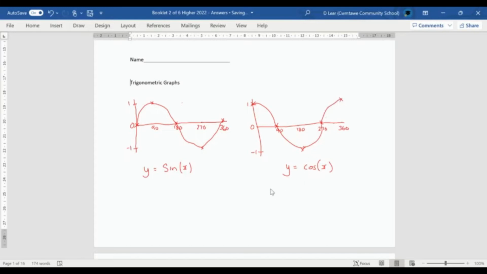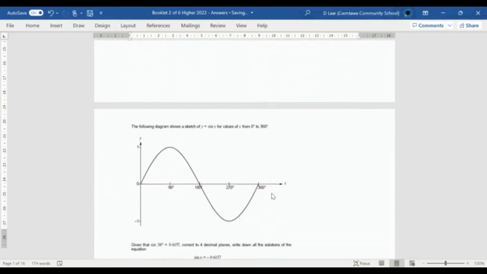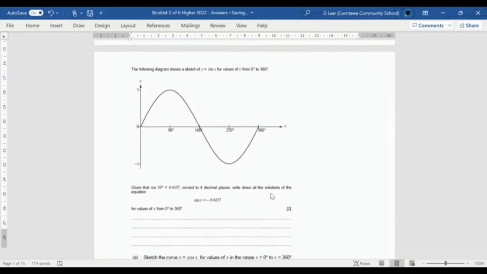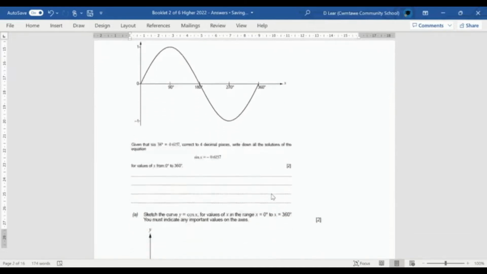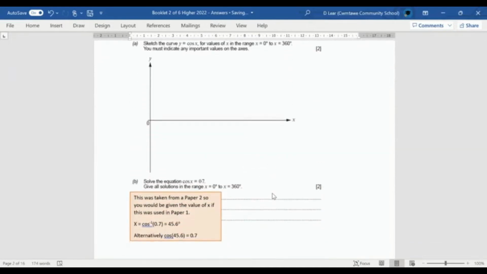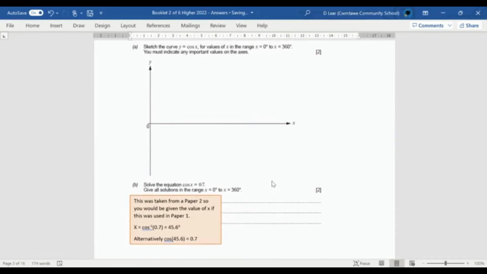Okay, now the question is most likely to look like this. However, I'm going to just take a little look down here for you to show you the difference. This question, question 2 here, was taken from a calculator paper. The difference being, in the calculator paper, okay, you would have to work out the angle x, okay?